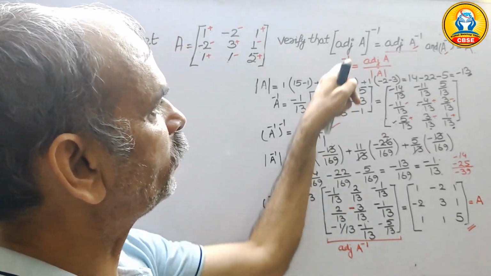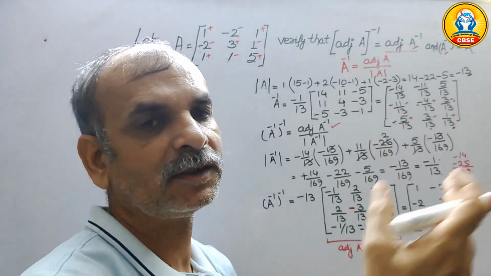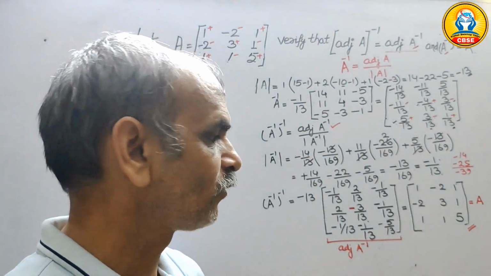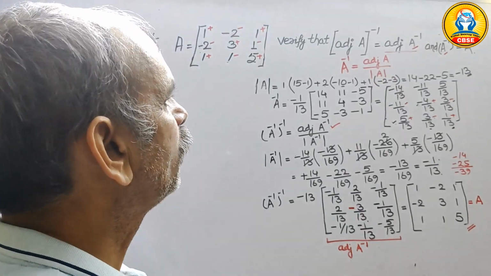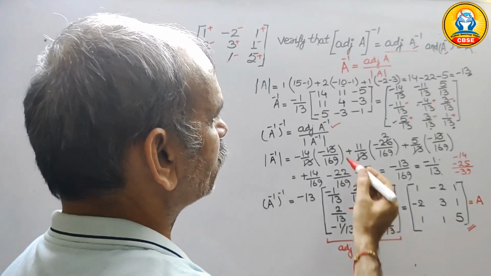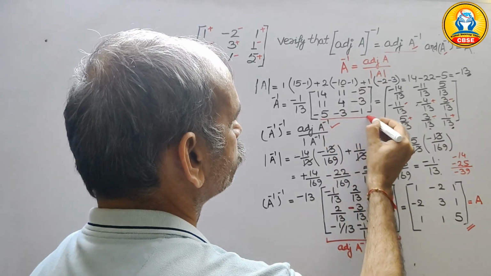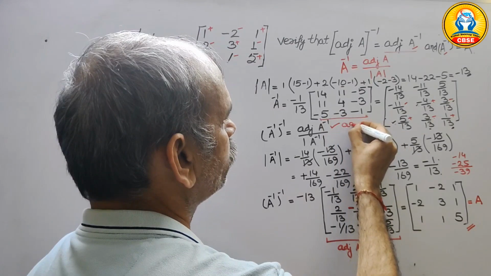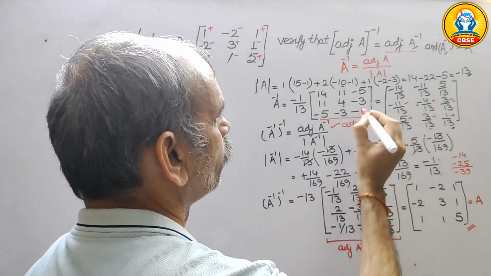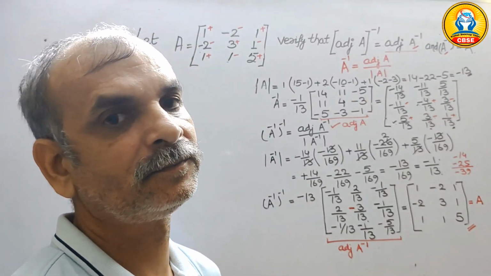That is equal to, we can say, adjoint A and its inverse. So now we have to go for adjoint A. So adjoint A is nothing but this value. This is your adjoint A. And we have to go for inverse of that.